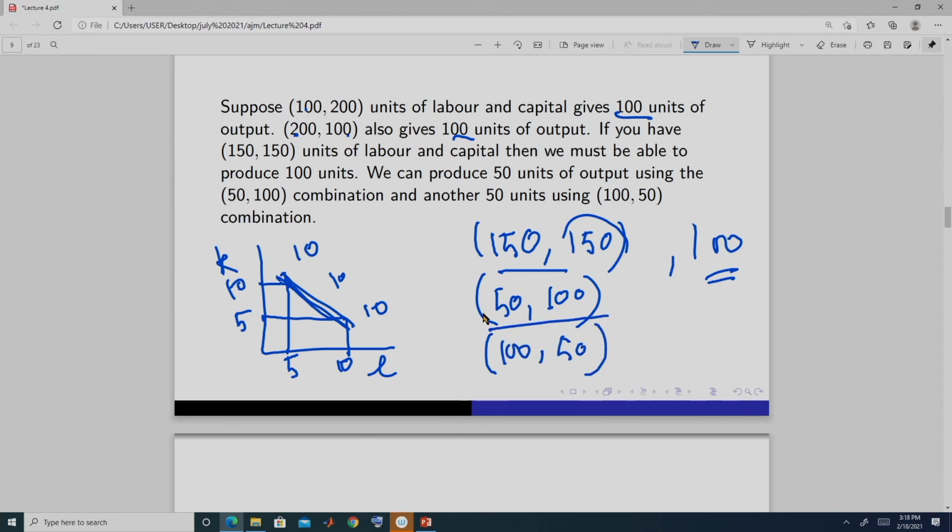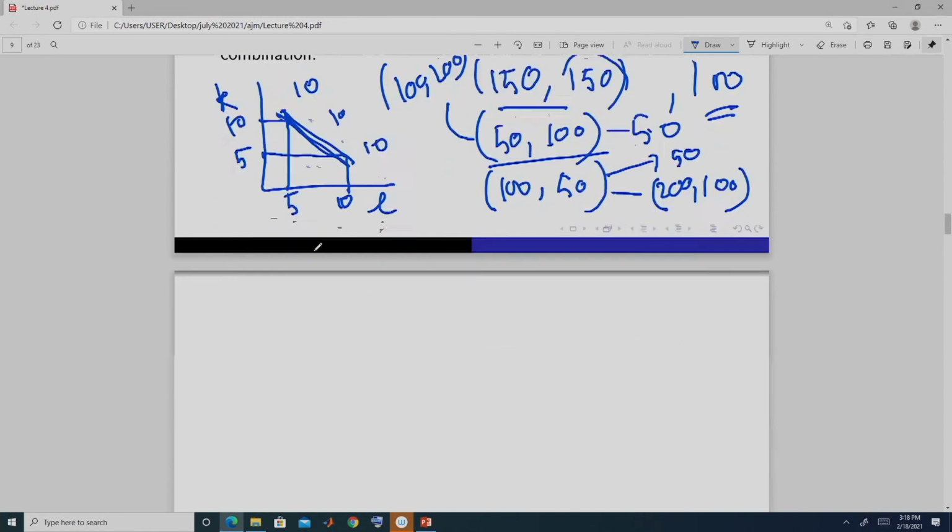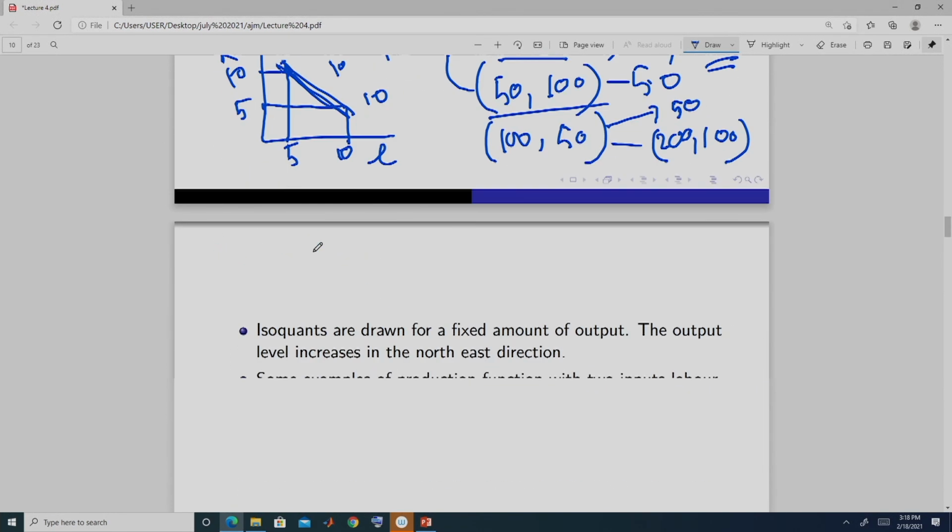So this will allow me to use the first technique, and here I am using 200 and 100. So I can produce 100 units, right. Is this clear? I think this is a simple example.